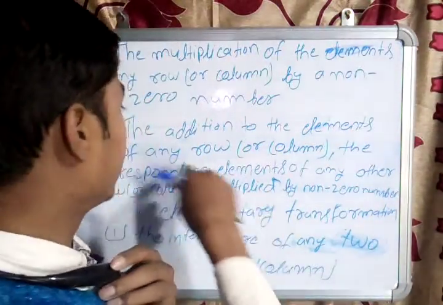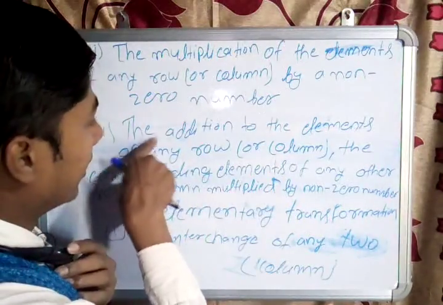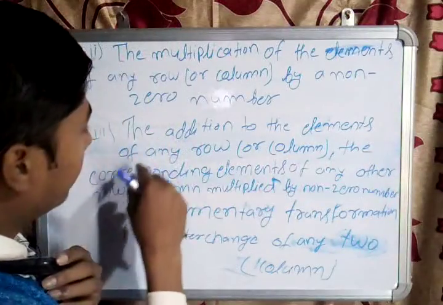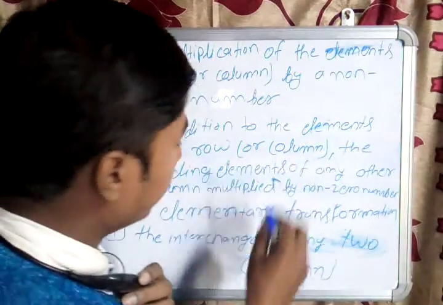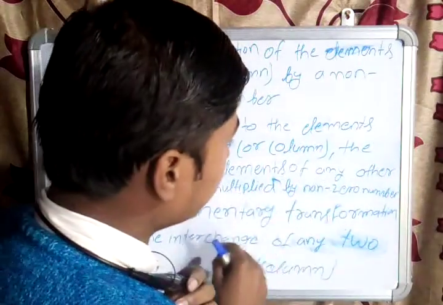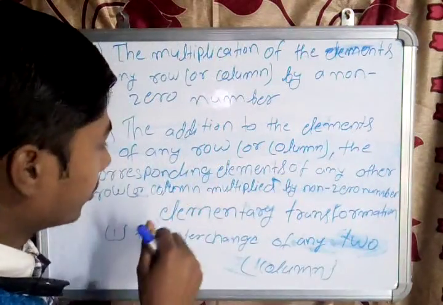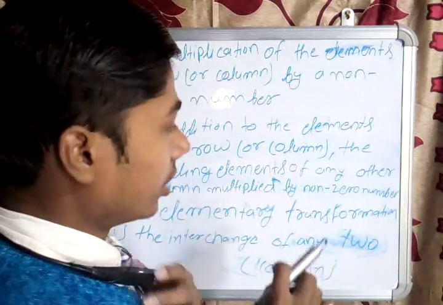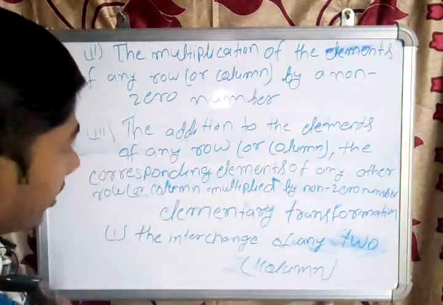I repeat again, the addition to the elements of any row or column, the corresponding elements of any other row or column multiplied by a non-zero number.